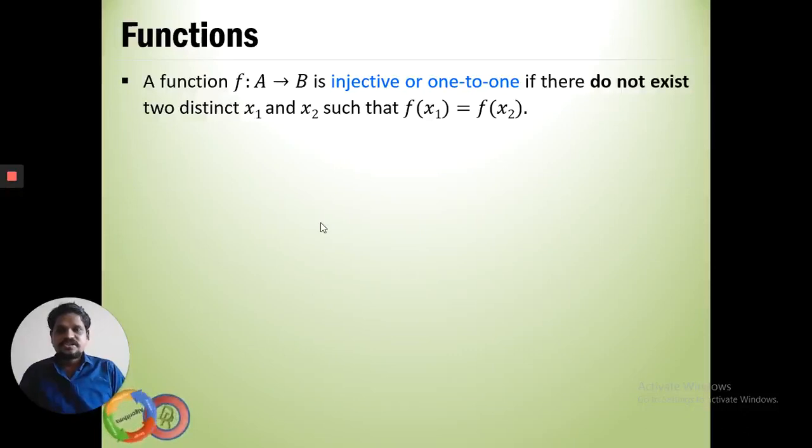A function is said to be injective or one-to-one if there do not exist two distinct x1 and x2 such that f of x1 is equal to f of x2. In the previous case we talked many times that a function must map to a single element, otherwise it is not called a function. And we also said that in the codomain it may be possible there is more than one element, meaning more than one element from the domain may map to a single element of the codomain.